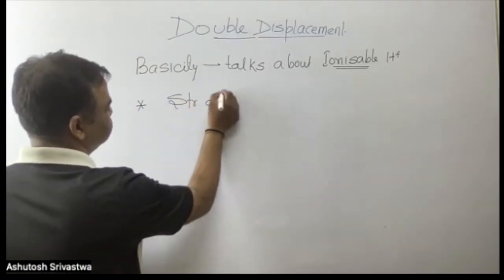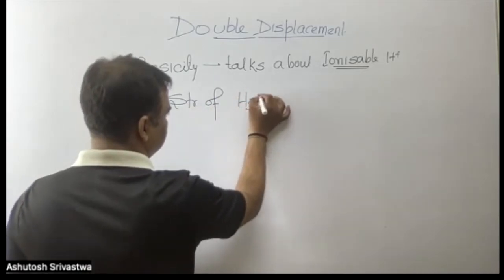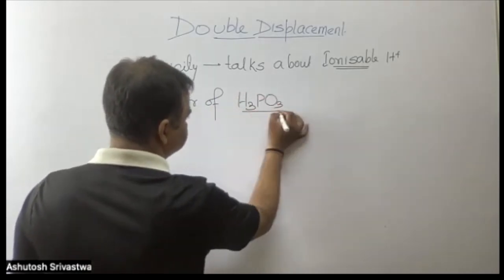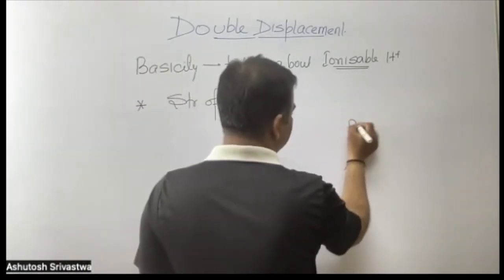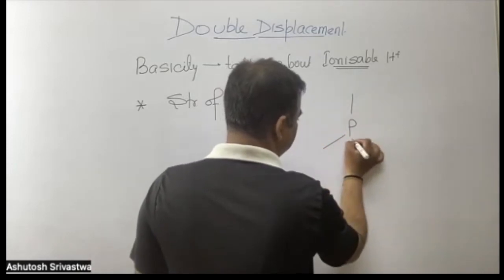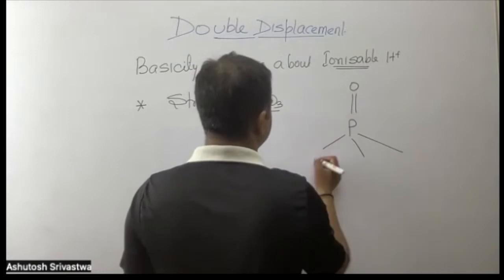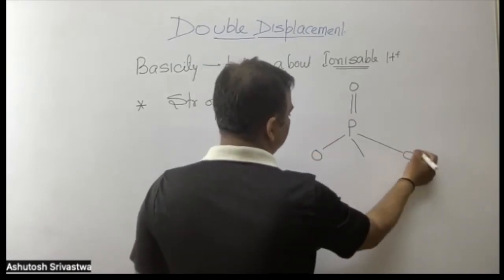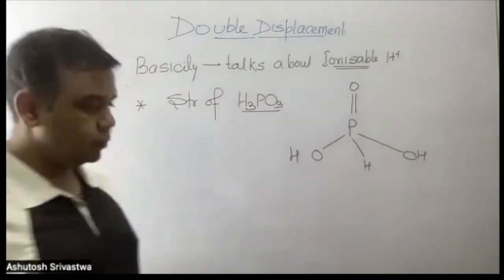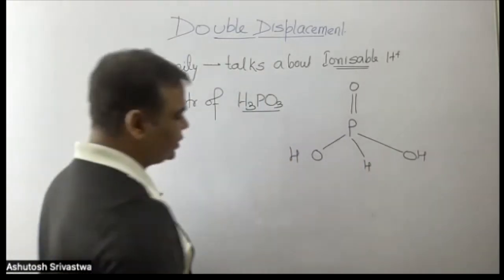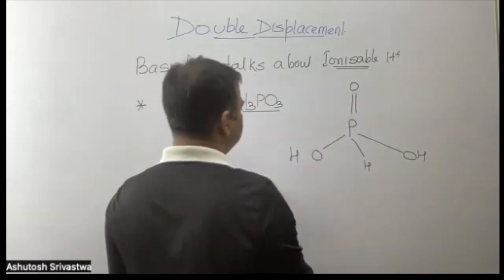Structure of H3PO3. The structure of H3PO3 is like this. We have P with 4 bonds here. Here it is double bond O. Here it is O, here it is O, with H, H, H. So there are 5 bonds in total because there are 2 bonds here.